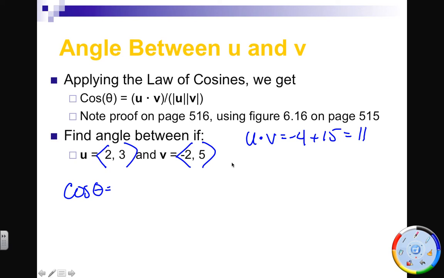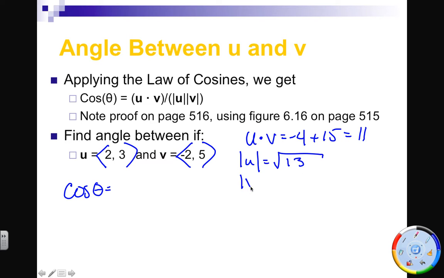And I also have to find magnitude u. You can do it a couple different ways, but I just like the Pythagorean theorem or distance version. Magnitude u is the square root of 2 squared plus 3 squared, so 4 and 9 make 13.